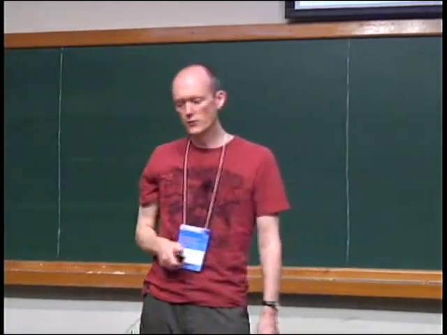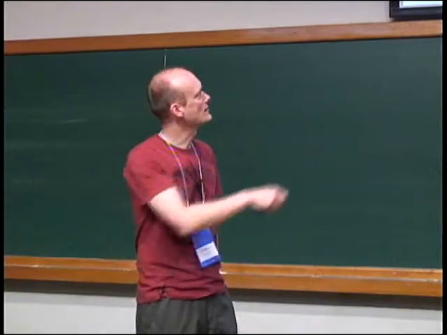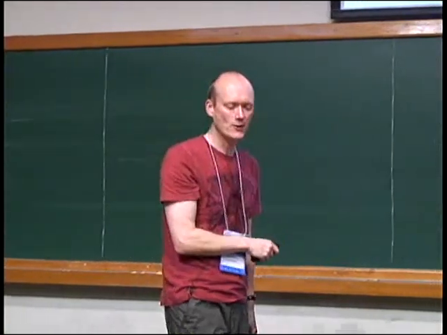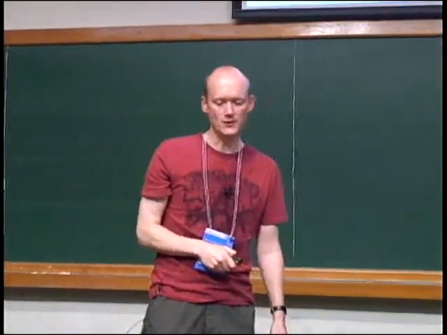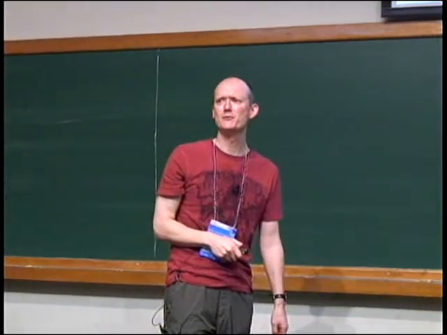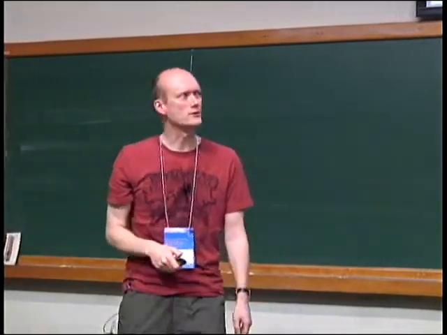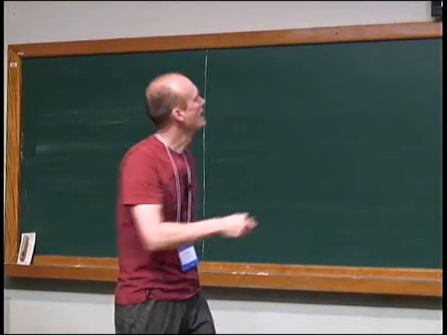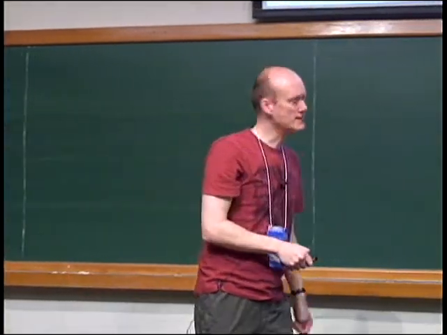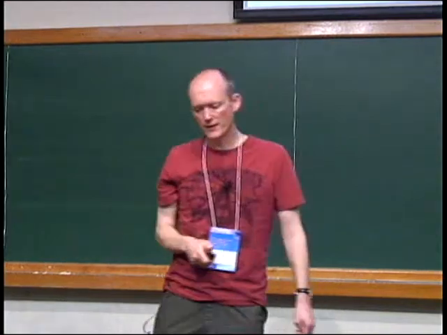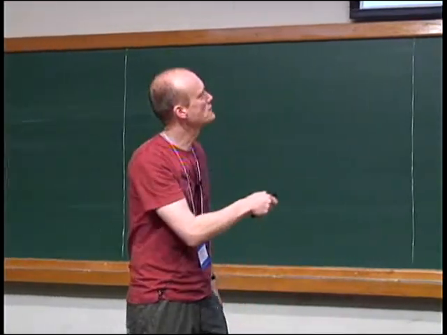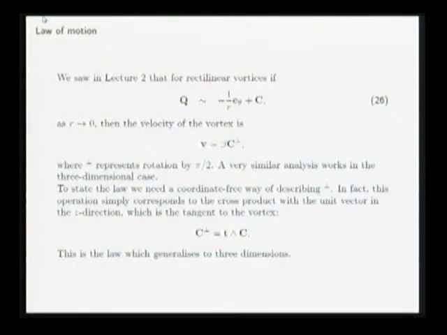But in order to generalize this law, this perpendicular thing only works in 2 dimensions. I've got to work out what's the coordinate-free way to describe rotating a vector by pi over 2. And so the way to think about that is that, if you have a vector in a plane, rotation by pi over 2 is really just the cross product with the normal to the plane. So if I take a cross product with the normal to the plane of c, then that effectively just rotates c by pi over 2.